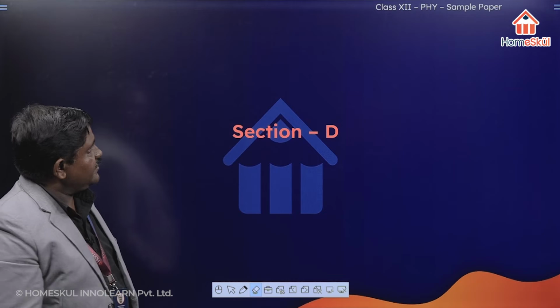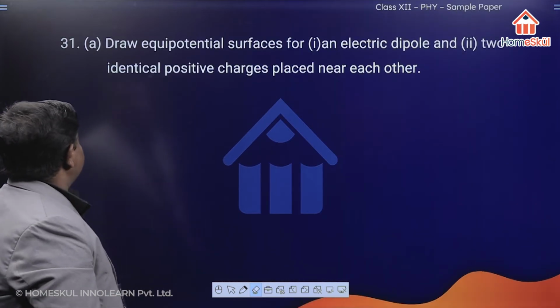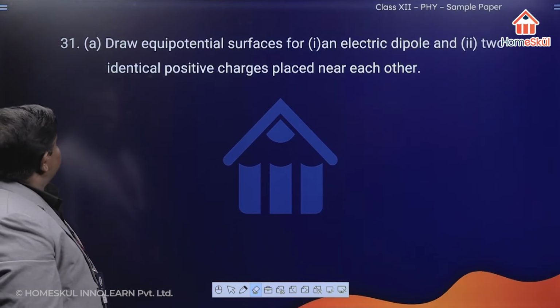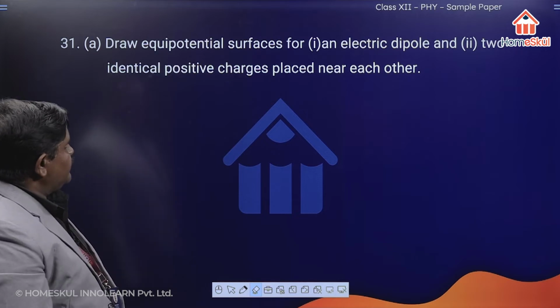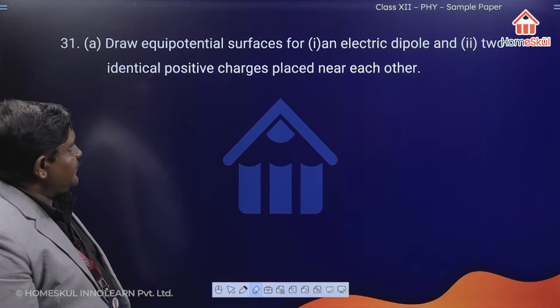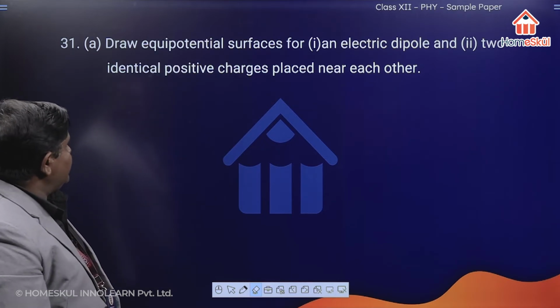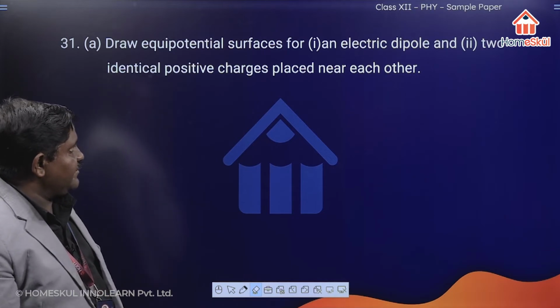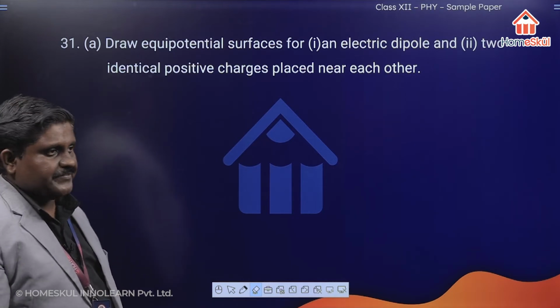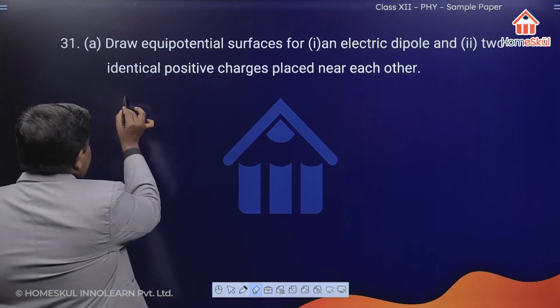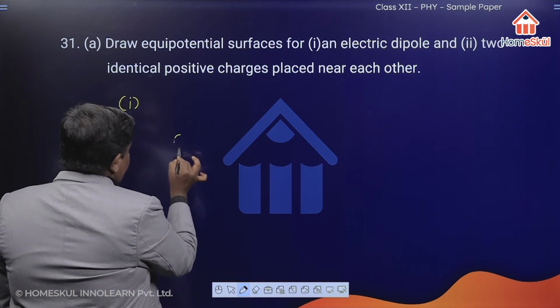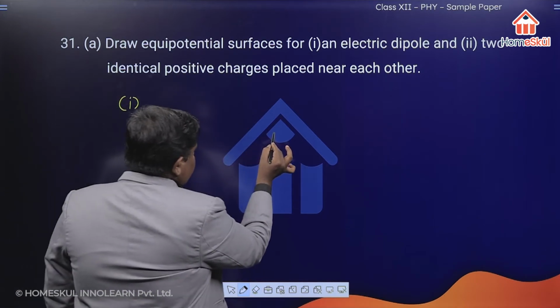So the 31st question: draw equipotential surfaces for first, an electric dipole, and second, two identical positive charges placed near each other. For the first one, the electric dipole consists of a positive charge and a negative charge.